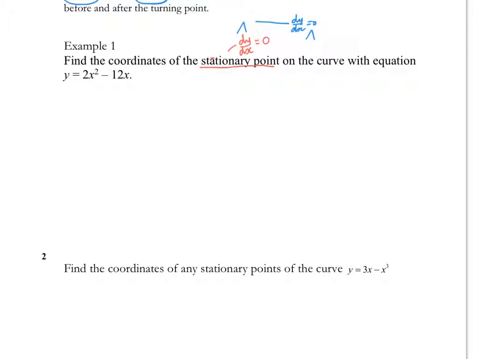The other thing that we could do here is actually determine the nature of the turning point. So I'm going to add this in as well: determine the nature of this turning point.